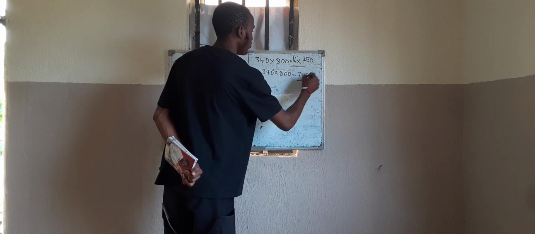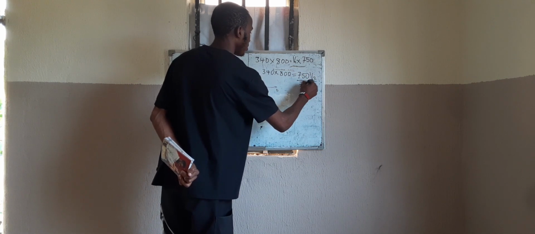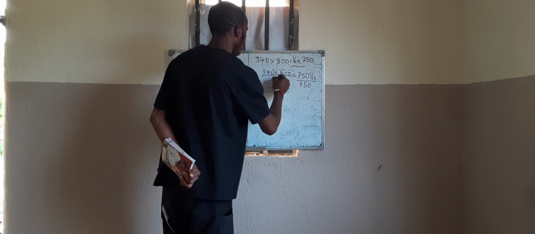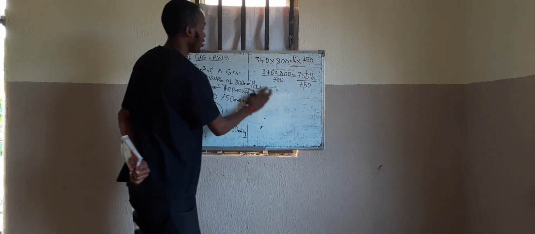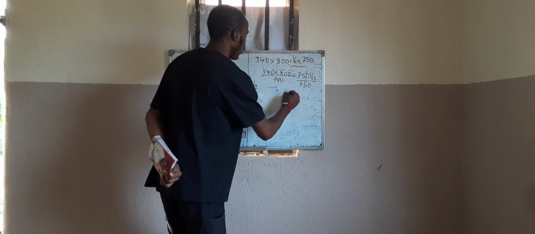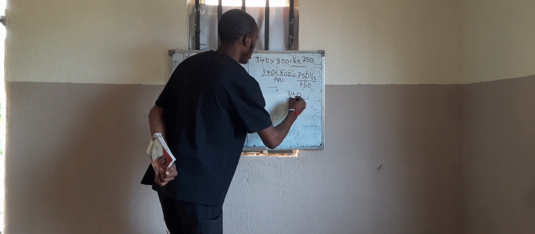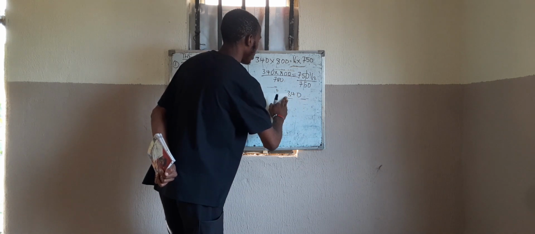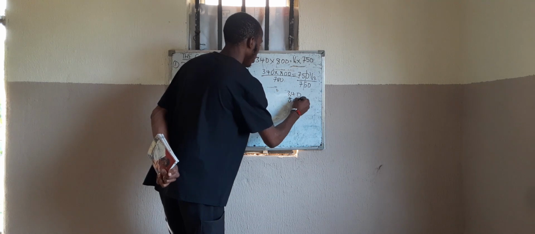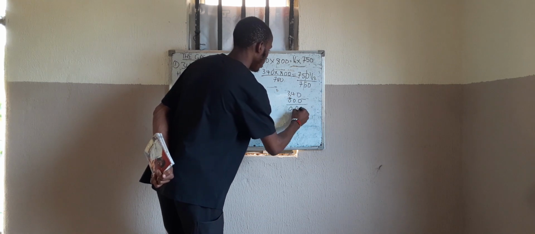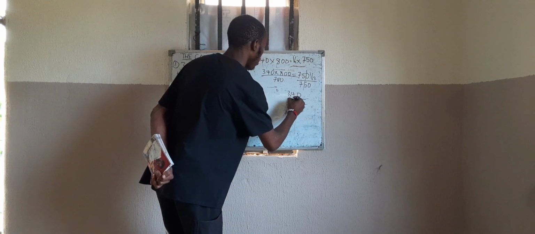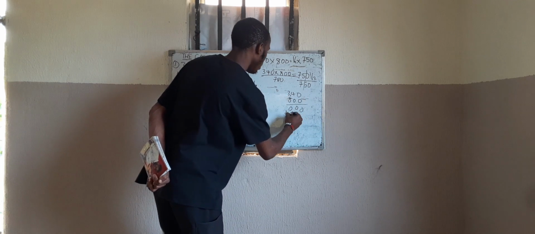So we now make V the subject of the formula. V2 is now equal to, just multiply this by yourself, or let's take long multiplication, 340 times 800.